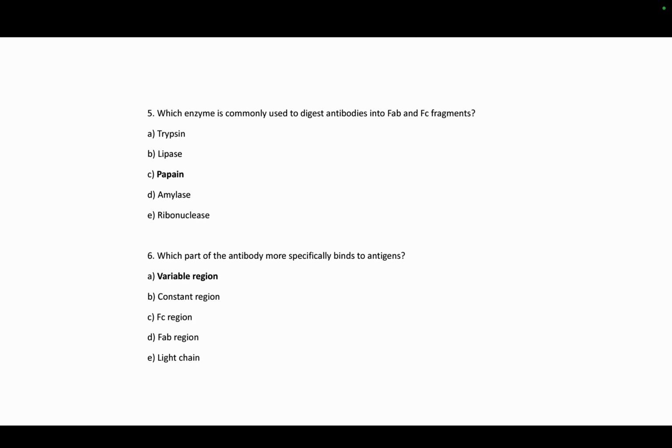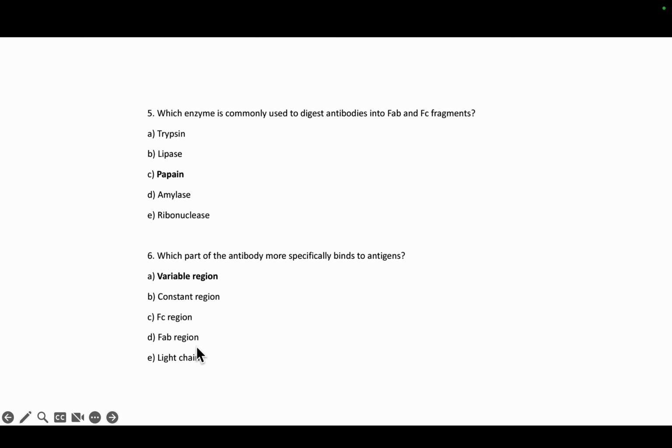Next question. Which part of the antibody more specifically binds to antigens? Variable region, constant region, Fc region, Fab region, light chain. They have stated which part of the antibody more specifically, so we have to say that it's variable region.